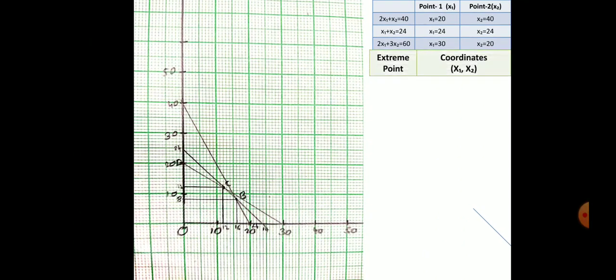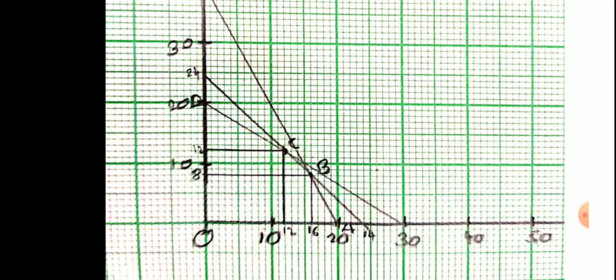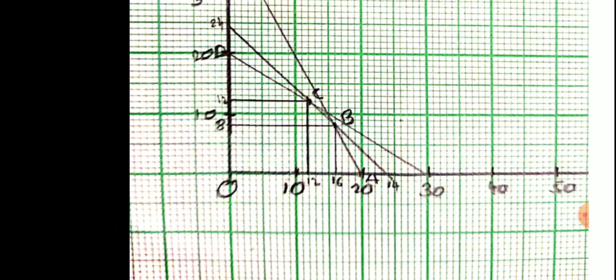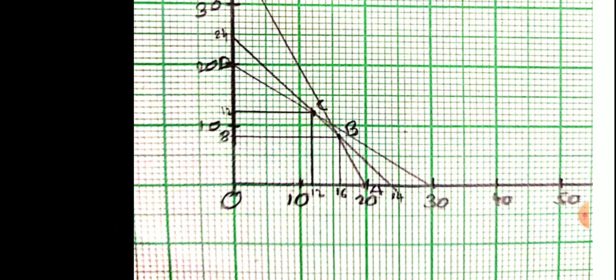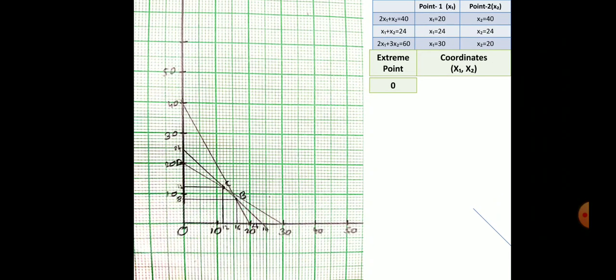Next we have to draw a table showing all the extreme points and the values of x1 and x2, the coordinates. At the point 0, what are the values of x1 and x2? Both are at the same point, so the value of x1 is 0 and the value of x2 is also 0.